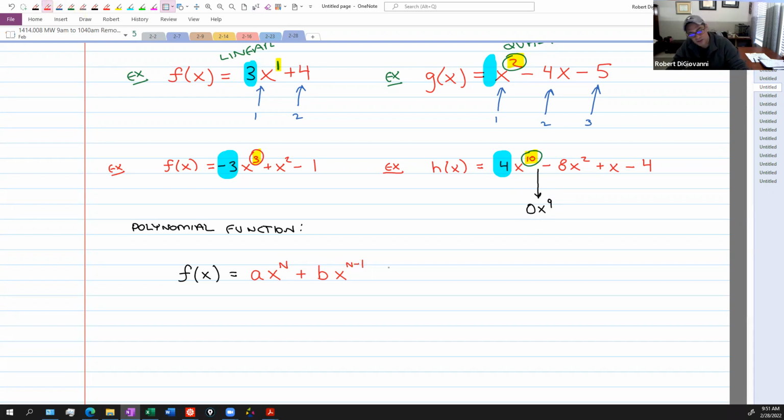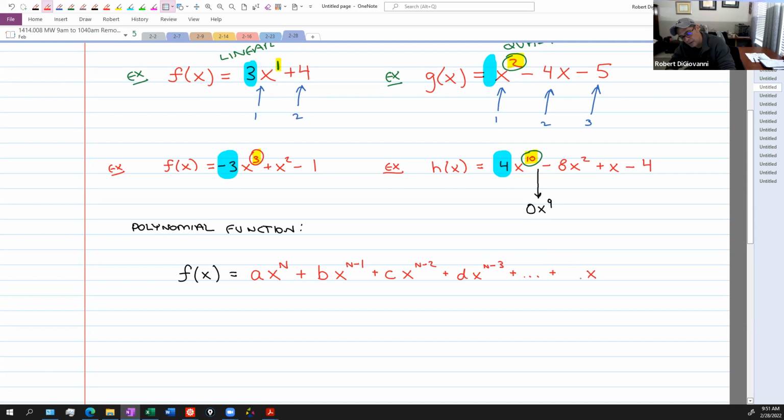And then this pattern just keeps going, plus c, now the next power down, n minus 2, which in this example would be the 8th power, wouldn't it? And we don't have an 8th power, so it would be a 0 in front of it. But I can keep on going, right? And then I have a d x to the n minus 3, and the power just keeps coming down and down and down. So I'm going to put plus dot dot dot, meaning that this keeps happening until I get down to some number in front of x.